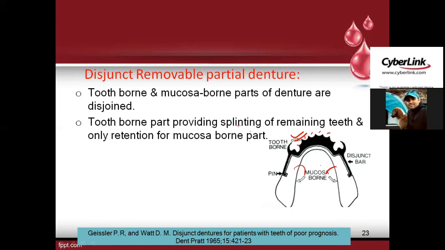Parts of the denture are disjoint, the tooth-borne part providing splinting of remaining teeth and only retention for the mucosa-borne part. Right? This is the tooth-borne part which we have to join with the denture base. This is the pin.